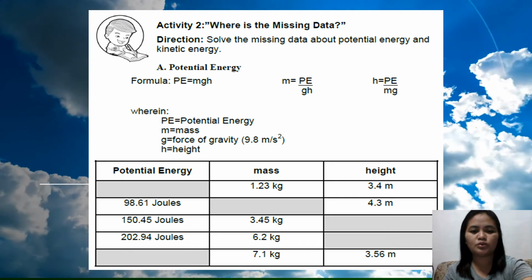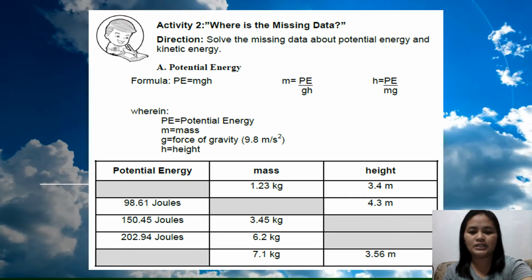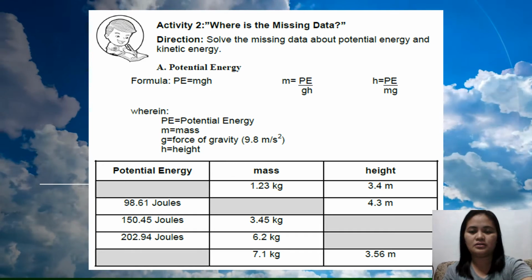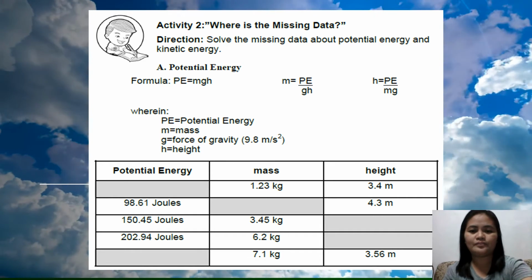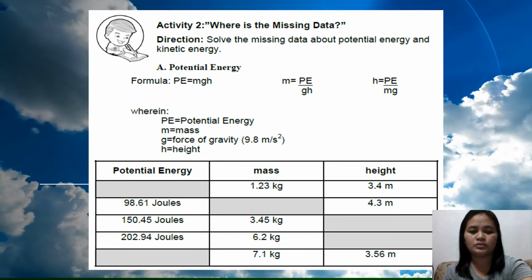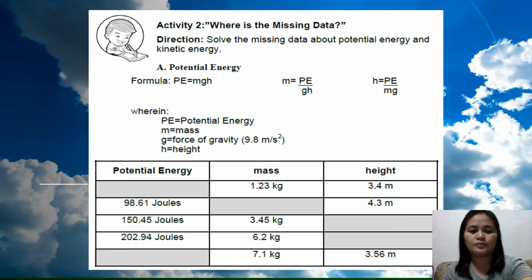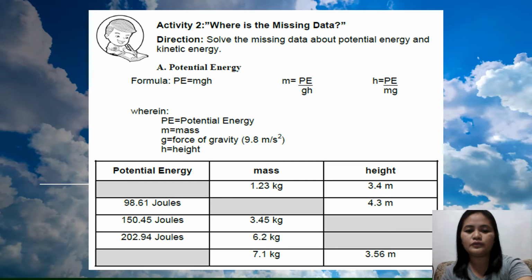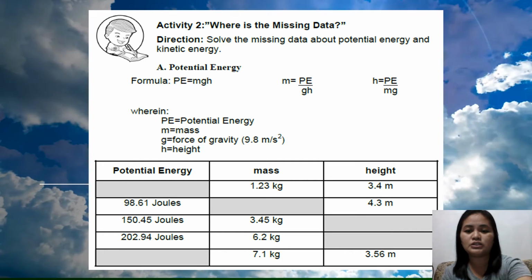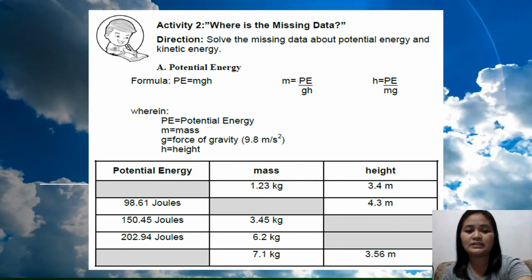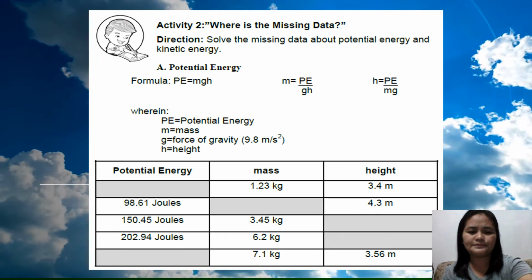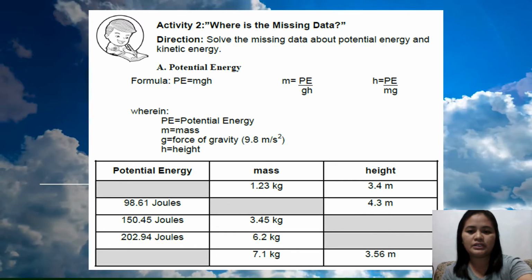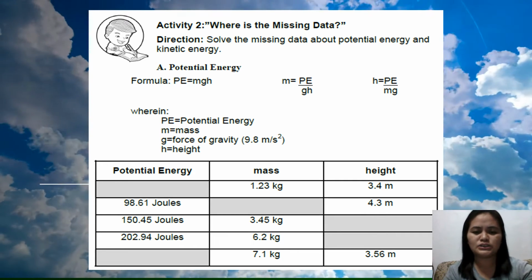Paano mo isosolve itong third row na ang missing ay height? Sundin mo lang yung formula. Height is equal to 150.45 joules divided by 3.45 kilogram, that is your mass, times 9.8 meter per second squared.